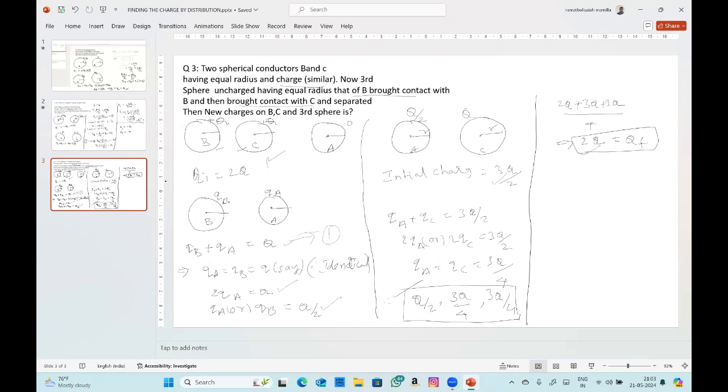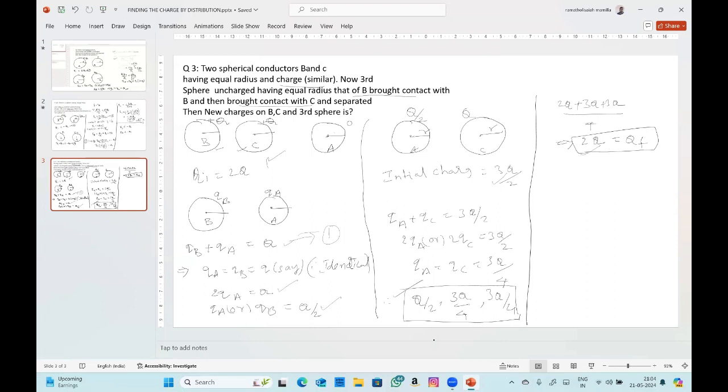According to the law of conservation of charge, QA plus QC is equal to 3Q by 2. And these are identical again, so QA is equal to QC. Therefore 2QA is equal to 3Q by 2, and QA is equal to QC, equal to 3Q by 4. So now on A the charge is 3Q by 4, on C 3Q by 4, and on B Q by 2. These are the final charges after distribution in the conduction process.